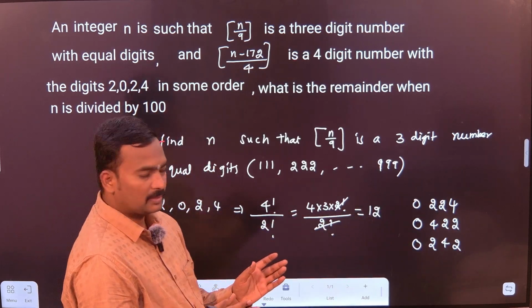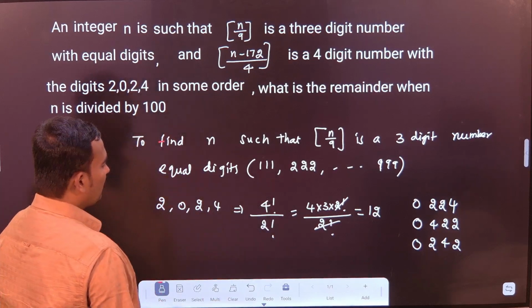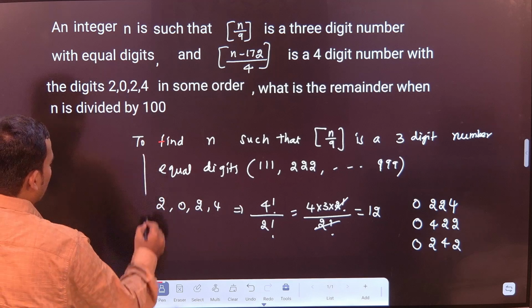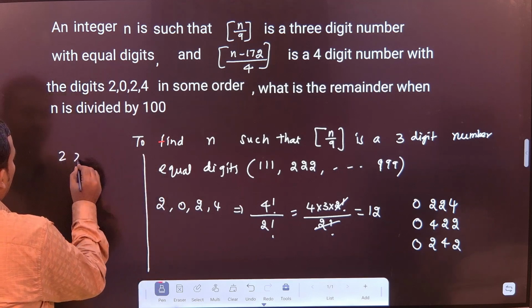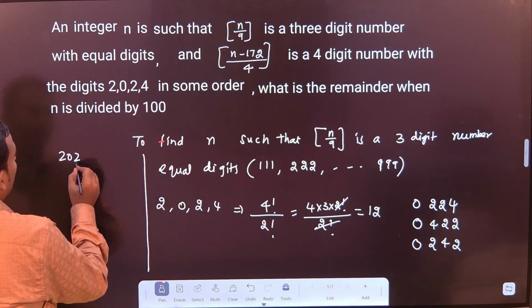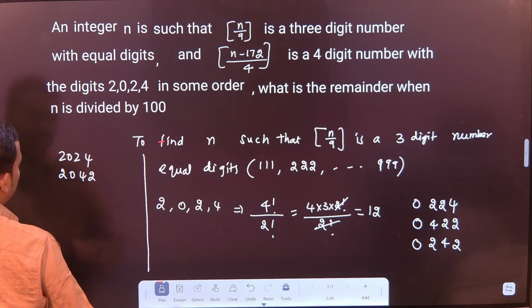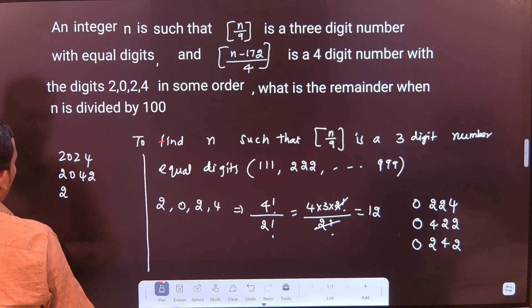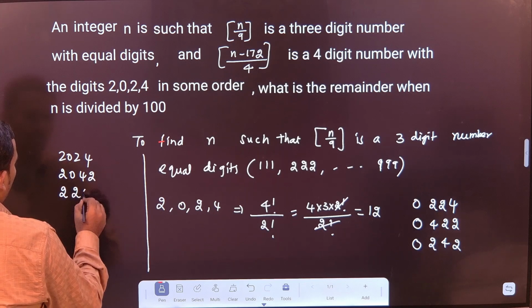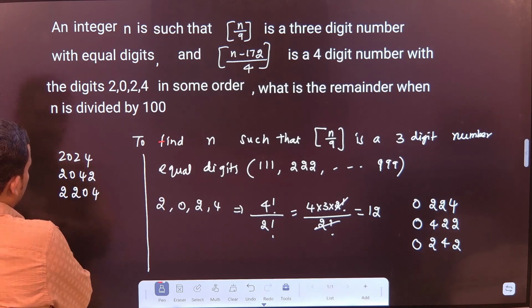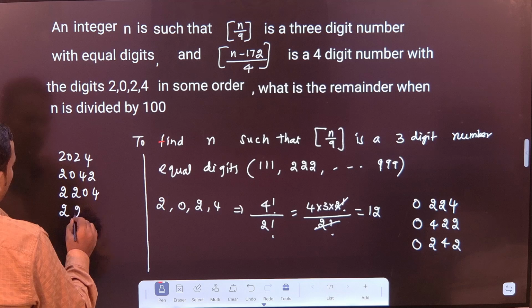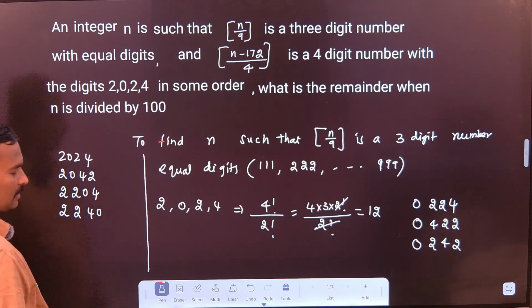Then what are the remaining numbers? You can see what numbers are possible: 2, 0, 2, 4; 2, 0, 4, 2; then 2, 2, 0, 4; and 2, 2, 4, 0, you can take.